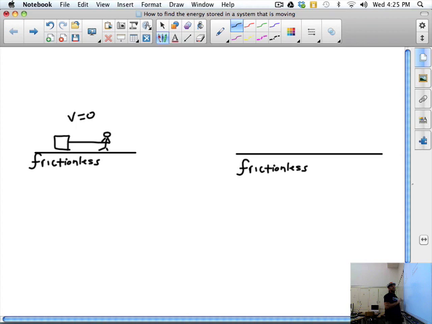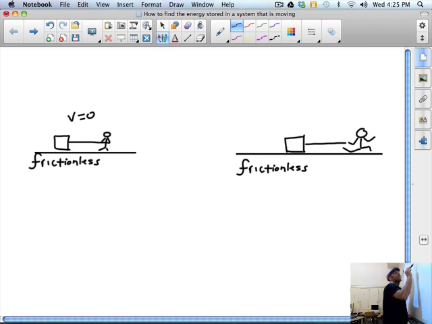In the end, you're moving fast. There's your rope, okay? And this system is moving very fast.